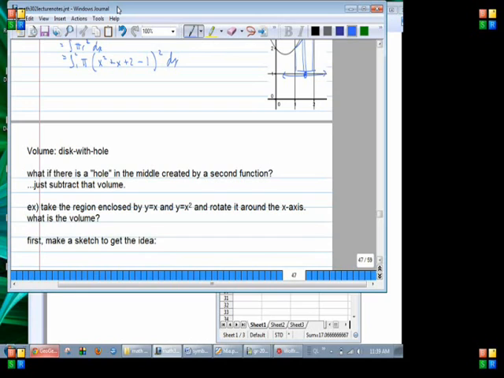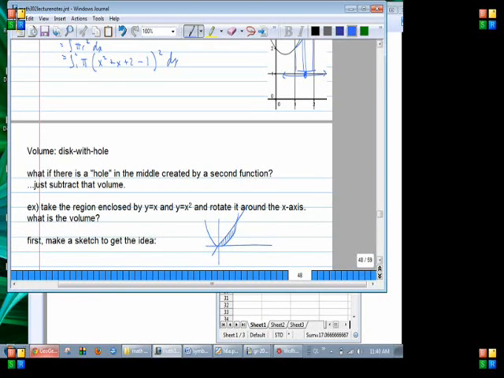What's the volume? So first of all, let's make a sketch so we understand what this means. So y equals x, of course, is just this diagonal line. y equals x squared is just this parabola. So where's the region? It's this little slice, right?